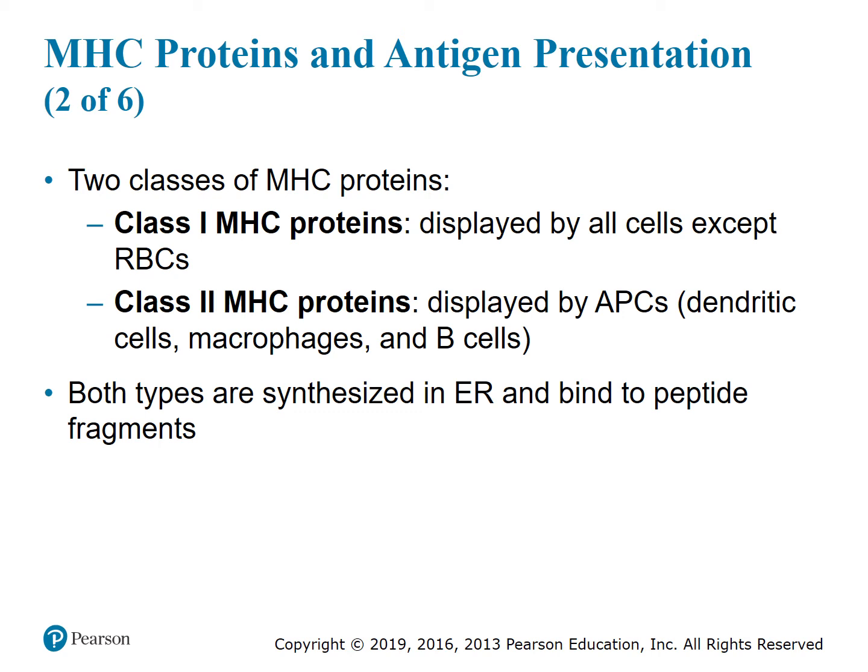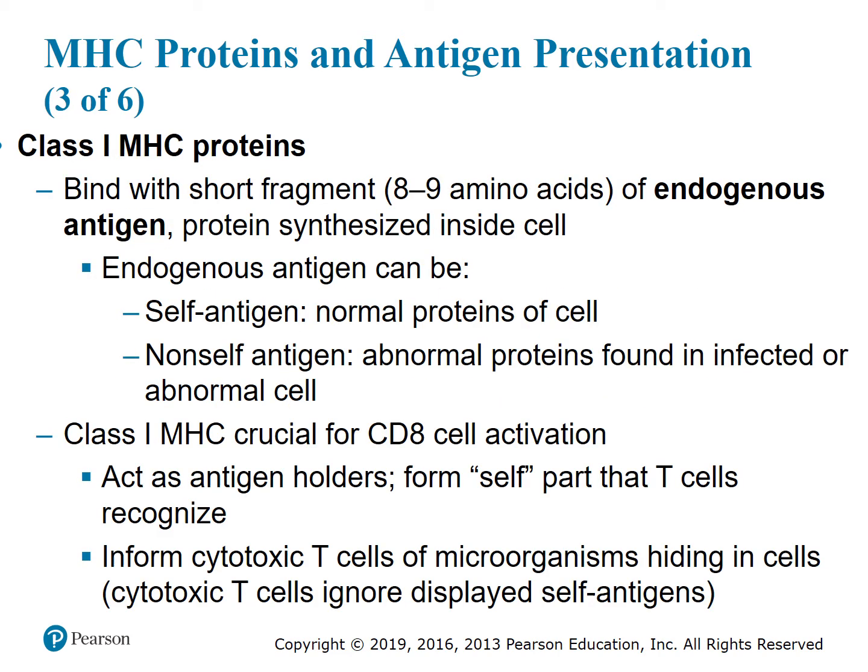And both types are synthesized in the endoplasmic reticulum and bind to peptide fragments. So class 1 MHC proteins bind with short fragments, about 8 to 9 amino acids, of endogenous antigen, protein synthesized inside a cell. Endogenous antigen can be self-antigen, in other words, normal proteins of the cell, or non-self-antigen, which are abnormal proteins found in infected or abnormal cells.